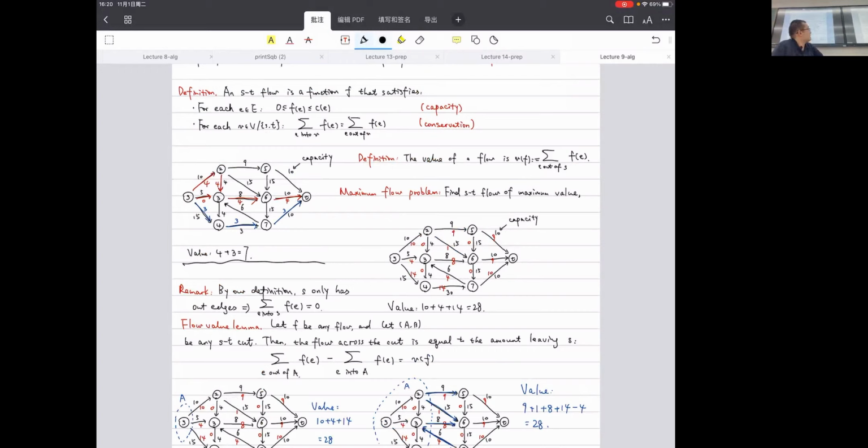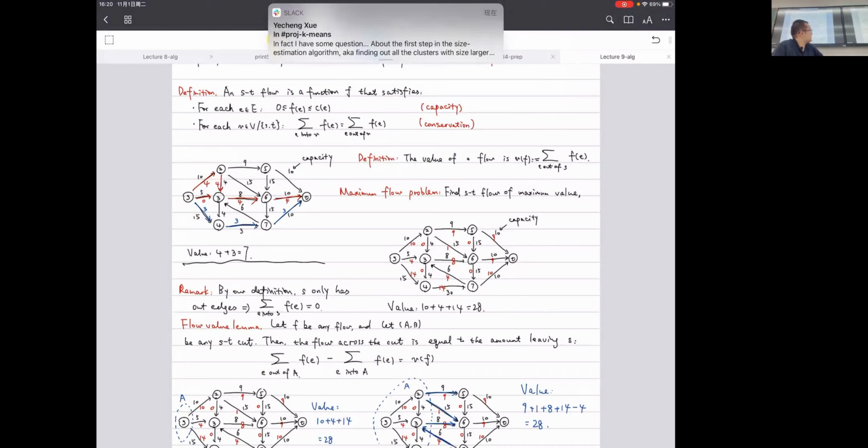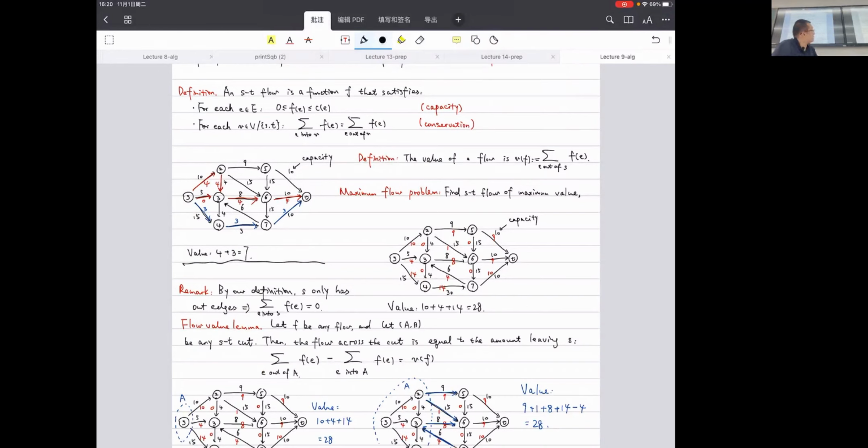The red edges give you a value of 4. But you can very easily see that this does not fully utilize the structure of the graph. Later on we find there's a blue path, and the blue path is going to give you an additional value of 3. So from this example, this directly suggests a greedy strategy: maybe we want to always try some s-t paths here.